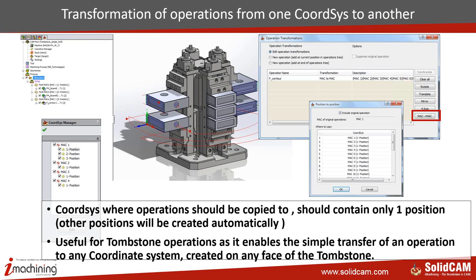So I can say I have an operation right now on, for example, G54. Now I want to take that same operation and put it on G55, G56, G57. I can transform them to different coordinate systems. Let's take a look at how this works.